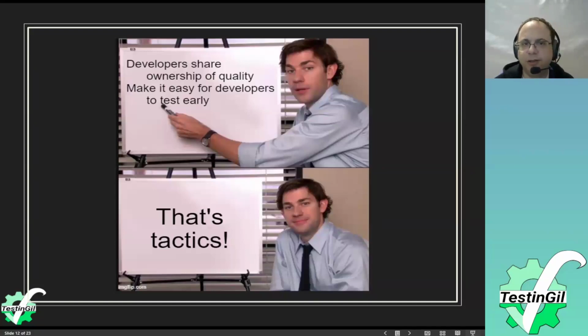We used to think about testers or QA, quality assurance, as gatekeepers. They won't get anything that is less than the quality that we want out the gate. Sure, but how do we get to that gate? Well, that's a team effort.